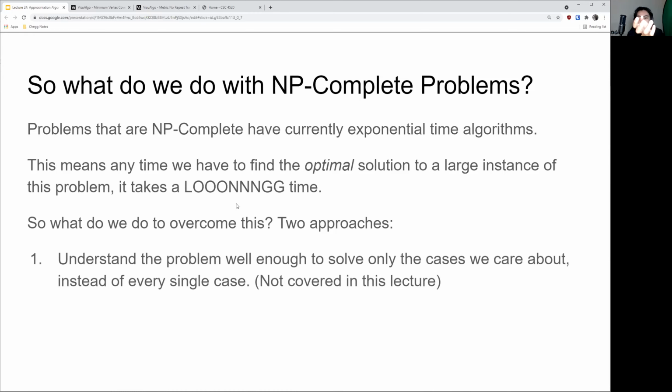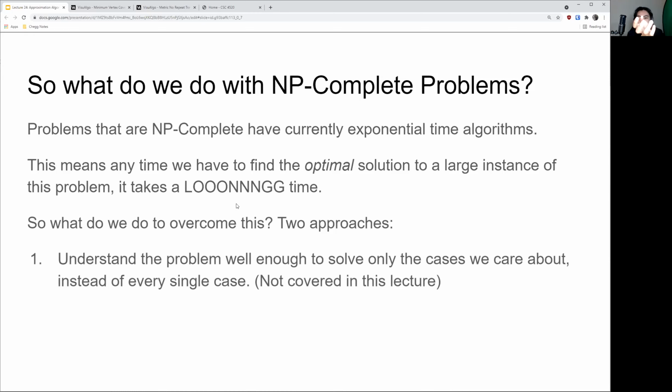So one example is, for vertex cover, right? Minimum vertex cover. Normally we would have general graphs that look like this, or maybe general graphs that look like this. But what if we just dealt with trees?